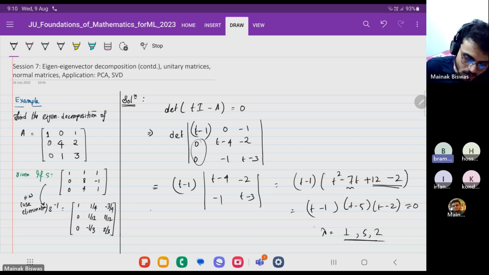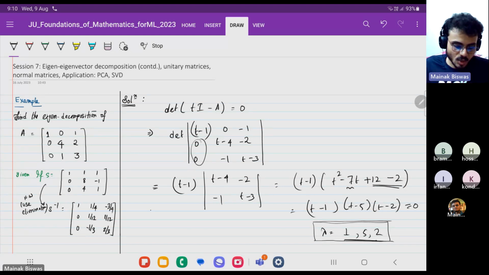Yes. So I want to ask you one question. Will this be diagonalizable? And if it is yes, why? We have shown an inequality last day that says that.